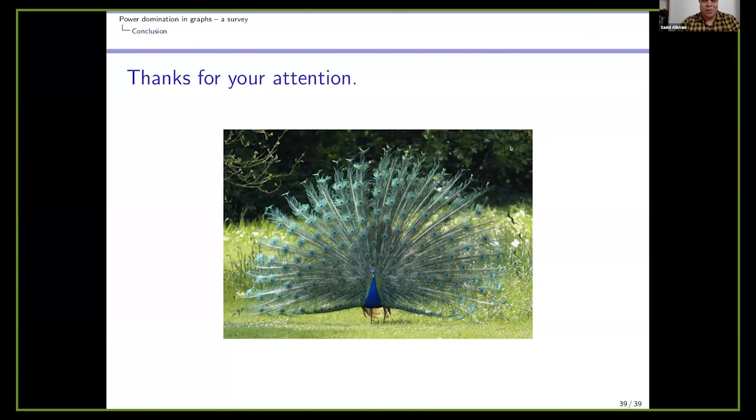Paul, I want to know whether the power domination number for the corona product has been studied. I think it's not very difficult. So I think it's related to the... I'm not sure. I don't remember precisely for the corona product, so maybe there is something to be done here.